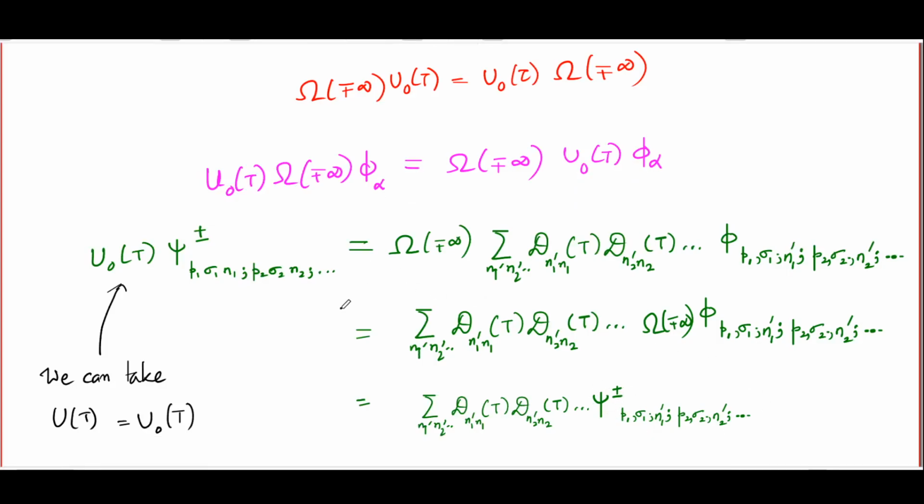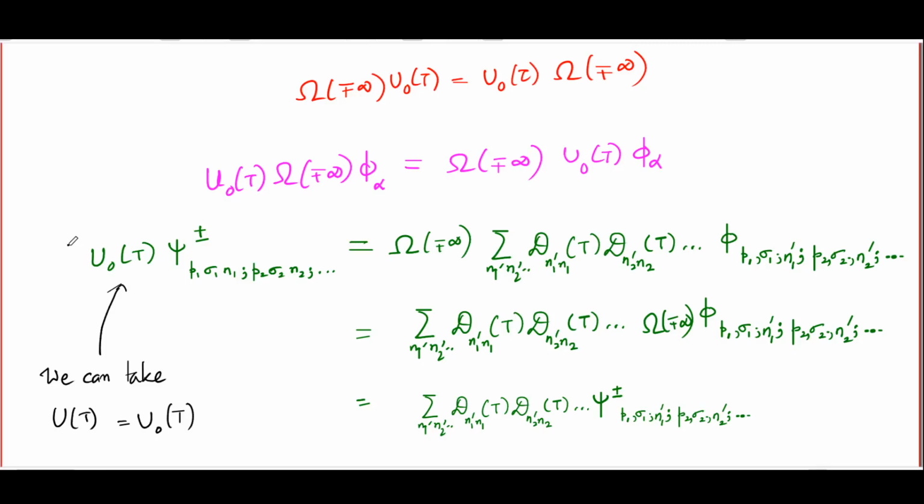So notice that here we have managed to get exactly the same transformation on the in and out states, but the operator that we needed for that is not a different operator. u0t actually does the same job on both the in and the out states as it did on the free particle states.